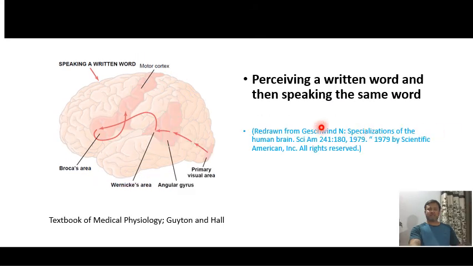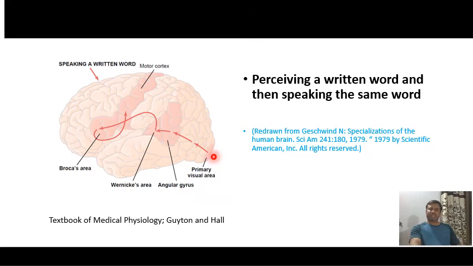In the same way, when we are perceiving a written word and then speaking the same word, when we see any figure, or when we read something like this, we are visualizing it with the primary visual area.